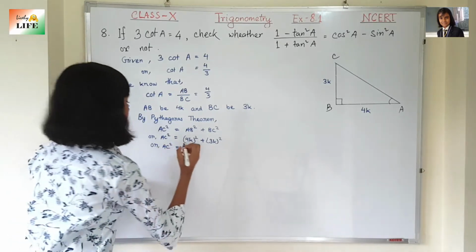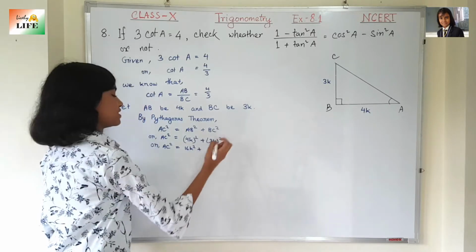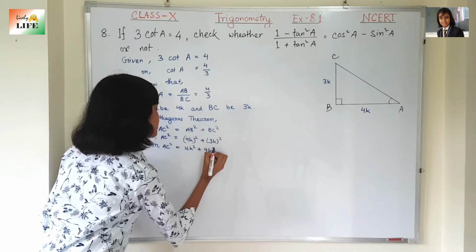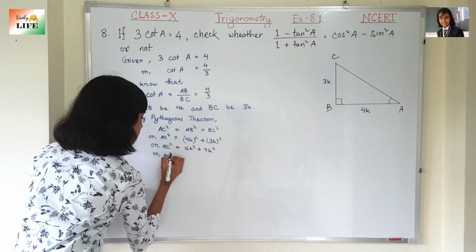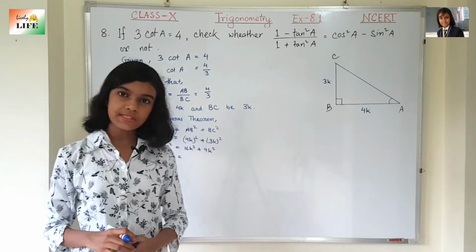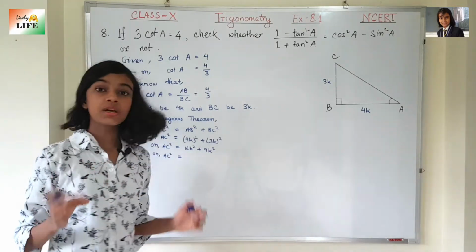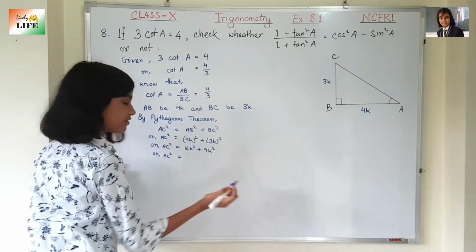What is 4 square? It is 16K square. Plus what is 3 square? 9K square. Now what is 16K square plus 9K square? 16 plus 9 is 25. So 25K square.